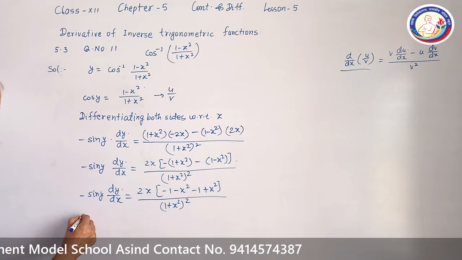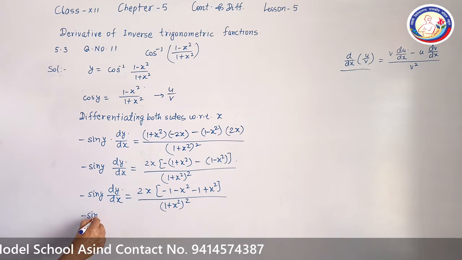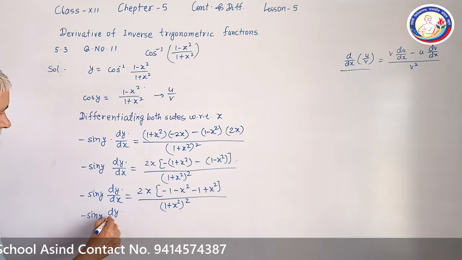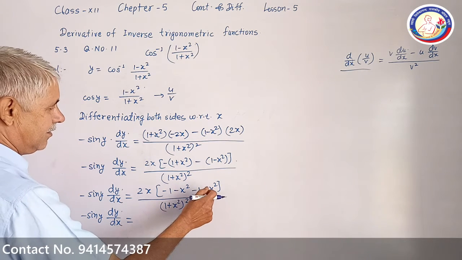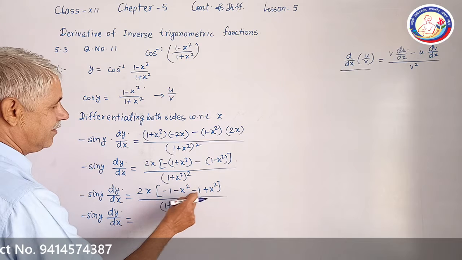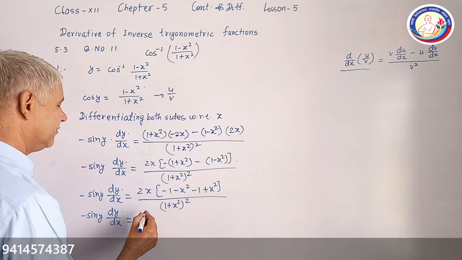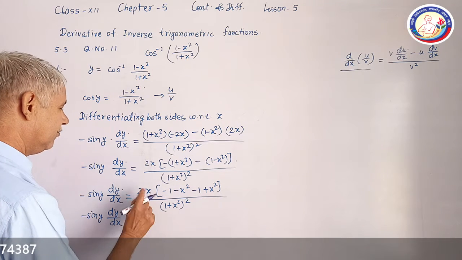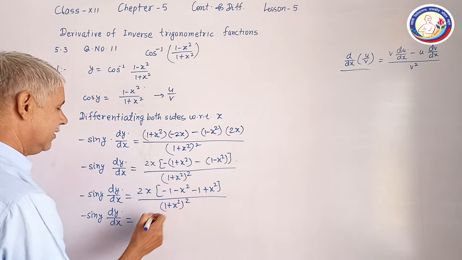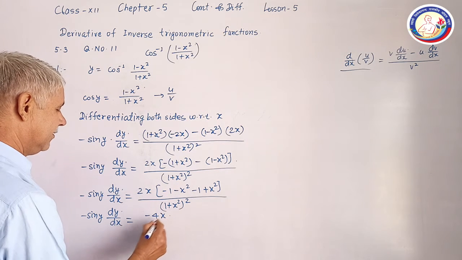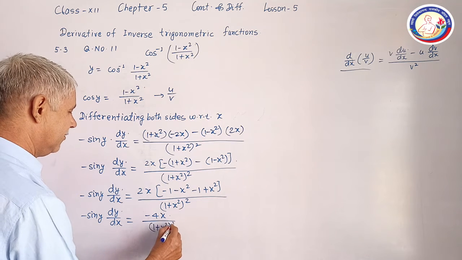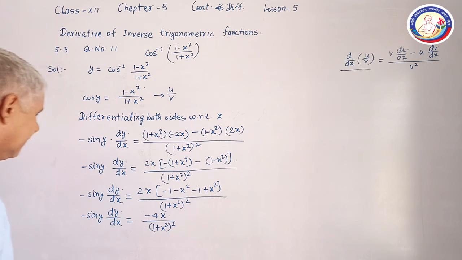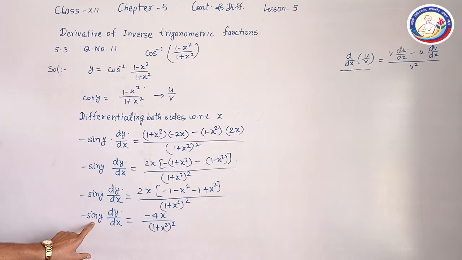Further, minus sin y, derivative of y with respect to x, and here x square cancels with x square, and we will have minus 1 and minus 1, minus 2. 2x into minus 2, that is minus 4x divided by 1 plus x square whole square. Now what about sin y?